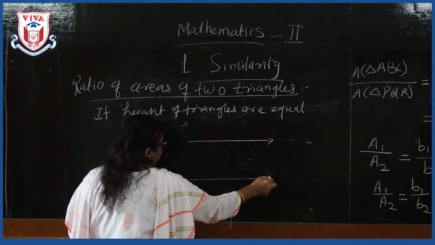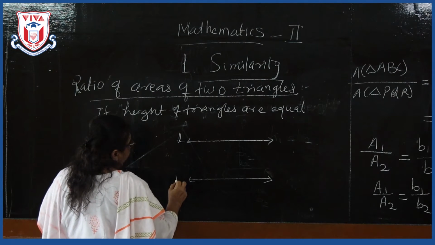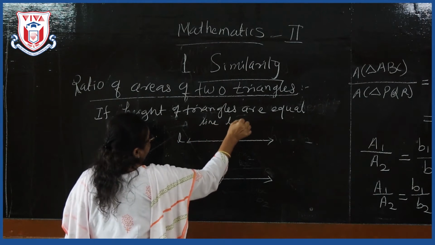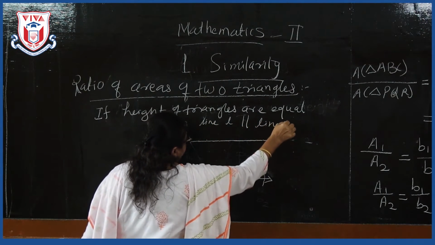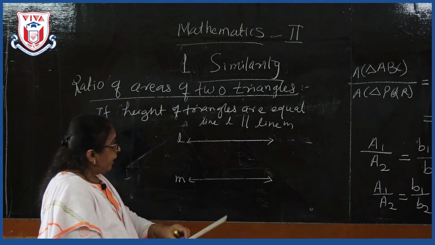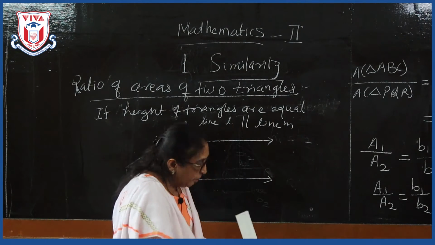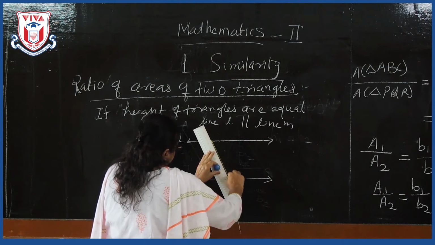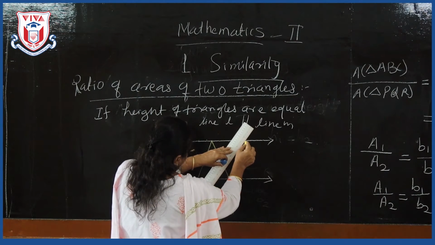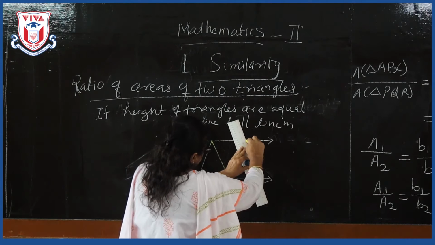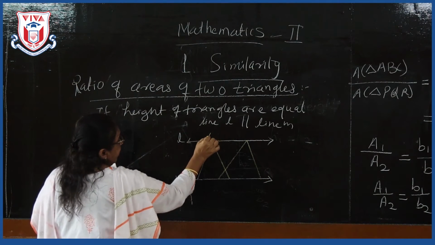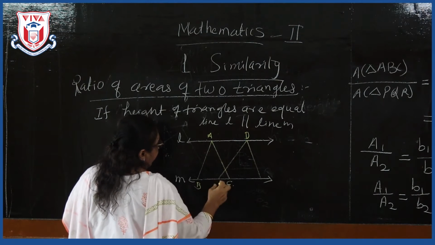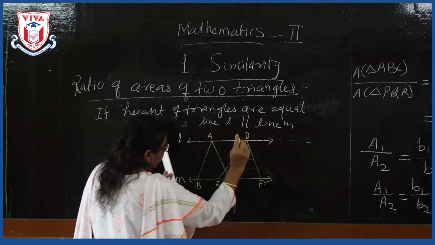I am considering here lines L and M which are parallel to each other. Line L is parallel to line M. Now if I draw two triangles between these two parallel lines, see here, triangle ABC and triangle DEF.